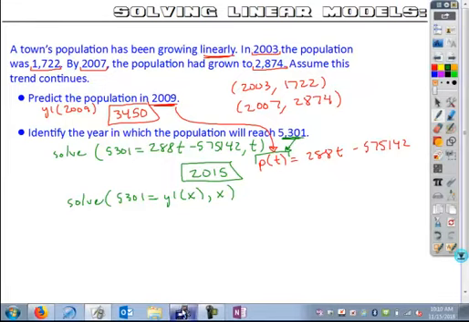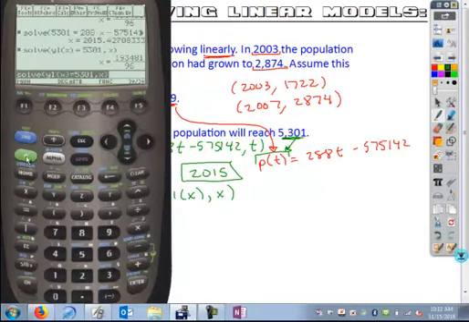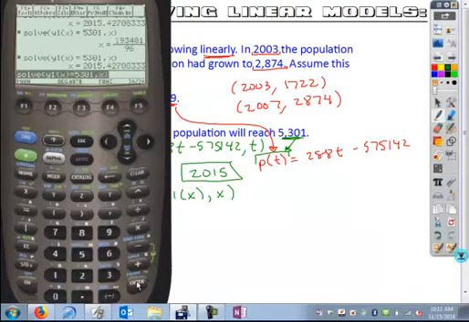So if I hit the Algebra tab, F2, choose Solve, and then access my y1 of x, set that equal to the value I'm testing for, solving for x, it will give me the same number in decimal form, the 2015.